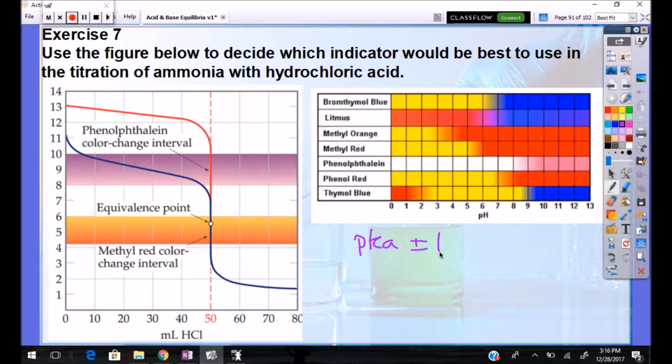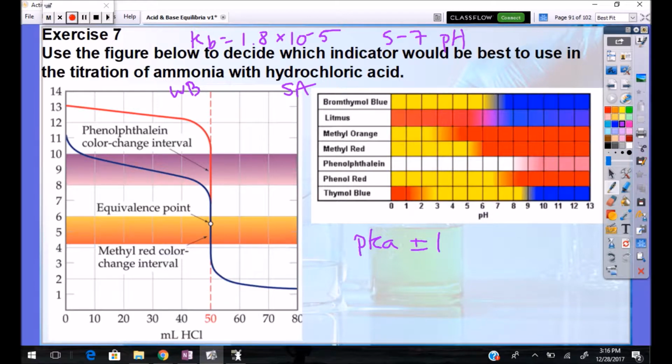So here it says we're titrating ammonia, which is a weak base, with a strong acid. Okay, so ammonia's Kb value, you'd have to look it up, but it's 1.8 times 10 to the negative fifth. If you think about the negative log of that, which would be our pKa, that means we're looking at a range of 5 to 7-ish for our pH, right?